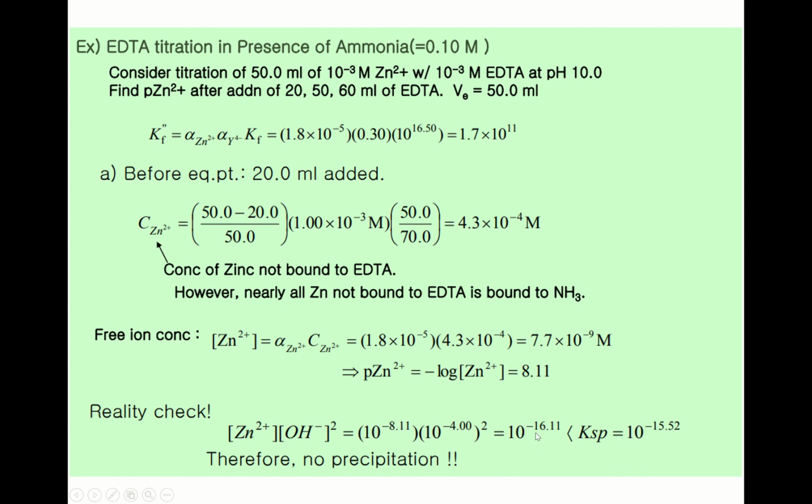Wow, this one is very small, even smaller than Ksp. From the appendix, you can know the Ksp for zinc hydroxide, which is 10 to minus 15.52. Since this value is lower than Ksp, there is no precipitation there. All right, this is important. You understand?